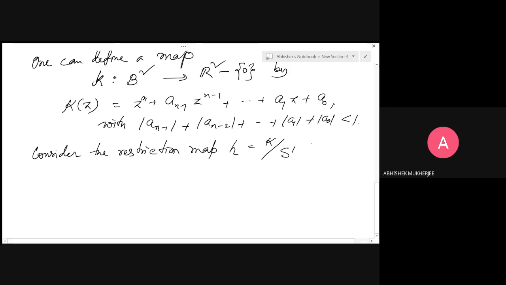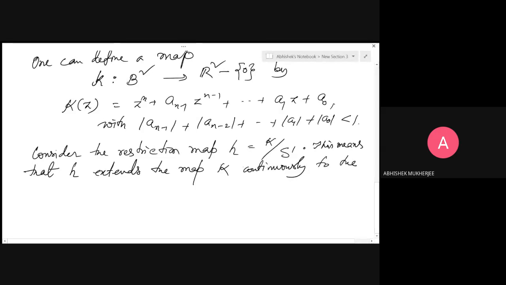And this means that H actually extends the map K continuously to the unit ball B2.